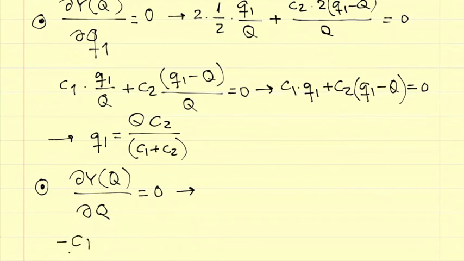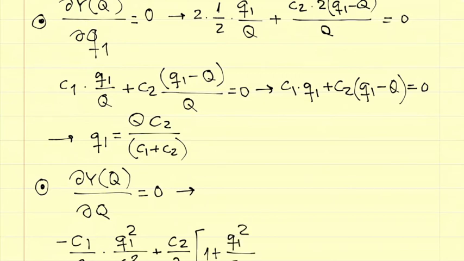Minus C1 divided by 2 times Q1 square divided by Q square plus C2 divided by 2, sorry, times 1 plus Q1 square divided by Q square times minus 1, minus CS D divided by Q square equals 0.